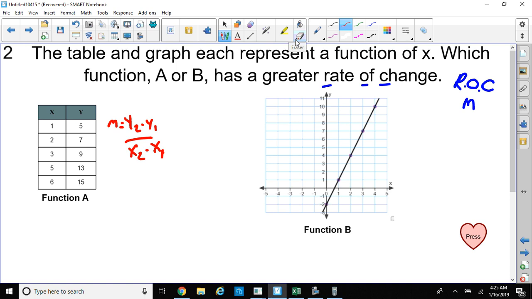So let's choose any 2 points. That's what's good about this table. It's a function, so there is a relationship between each of these x and y coordinates. Let's choose some easy ones. Let's choose (1, 5) as our one coordinate, and let's choose (2, 7).